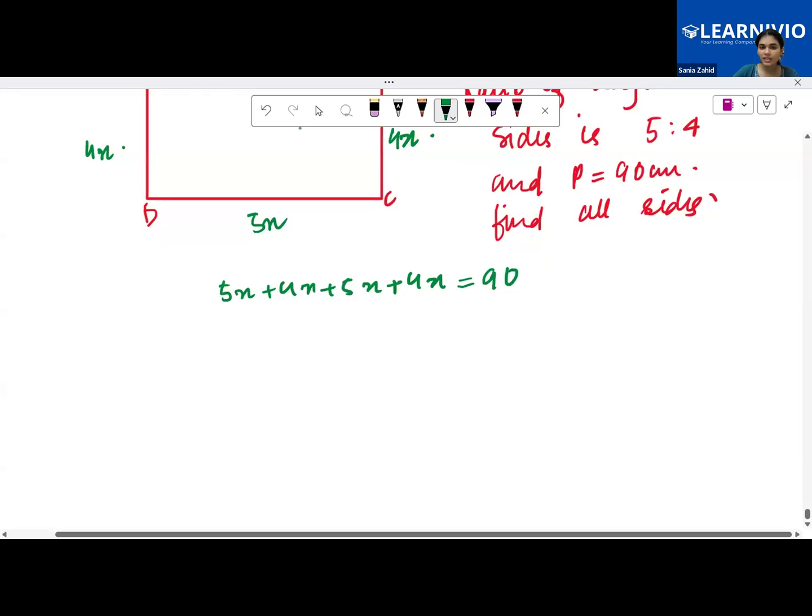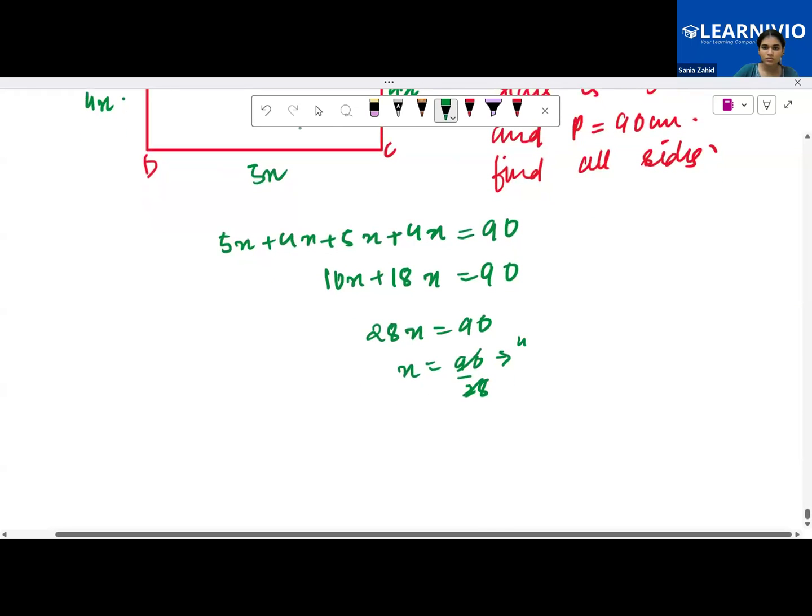So you will have 5 plus 5 will be 10, plus 18x, will be 90. Then you will have 28x equal to 90. x will be equal to 90 upon 28, which is 45/14. So the value of x is 45/14.